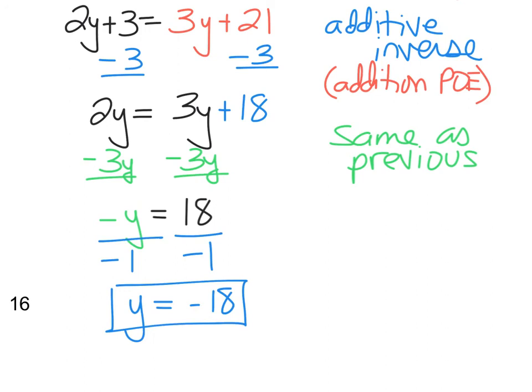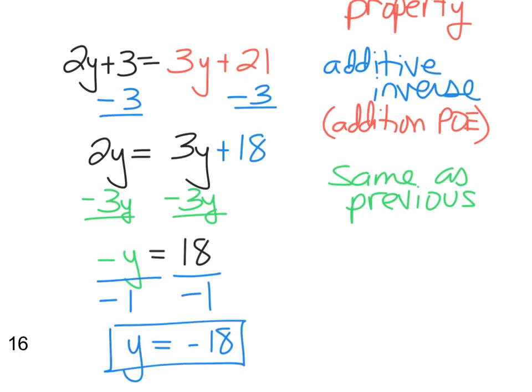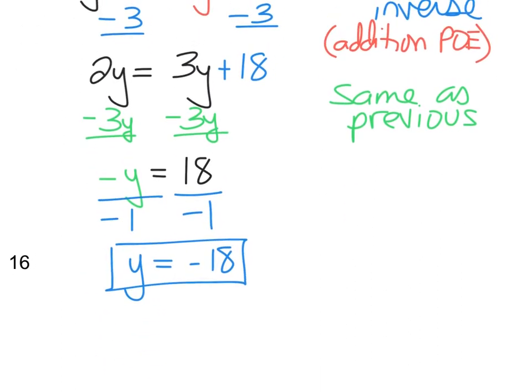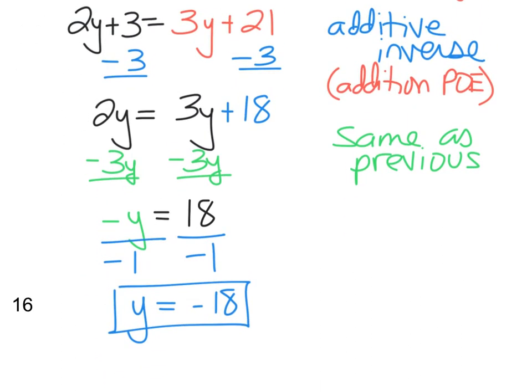Is it multiplicative identity? Multiplicative inverse? Or we could say, what do we do to both sides? We divided, right? So we could say the division property of equality.